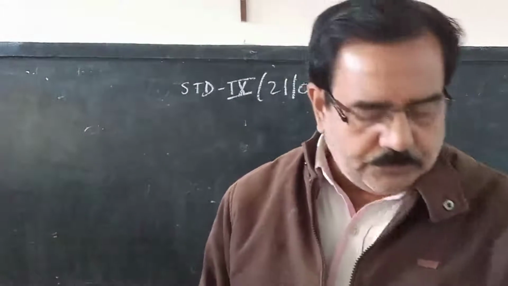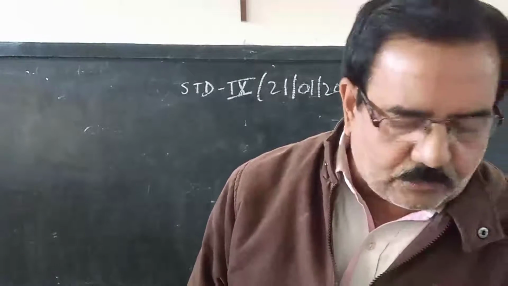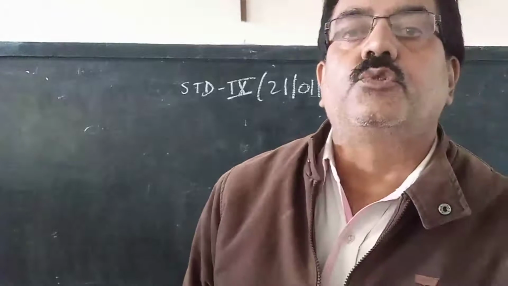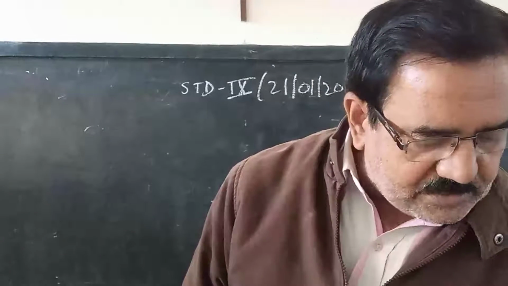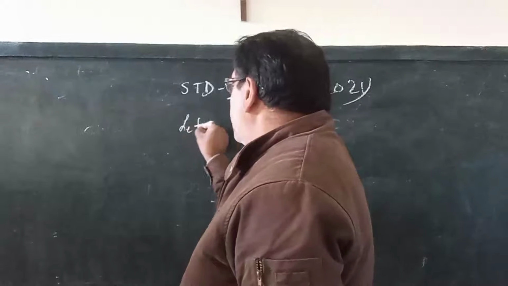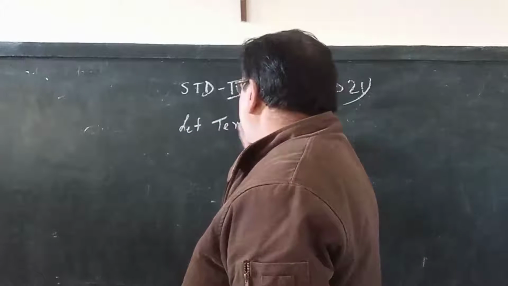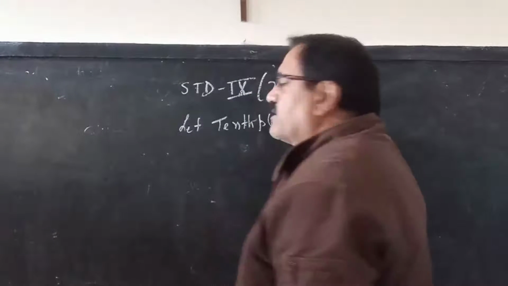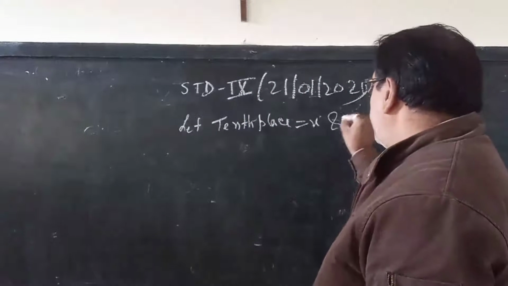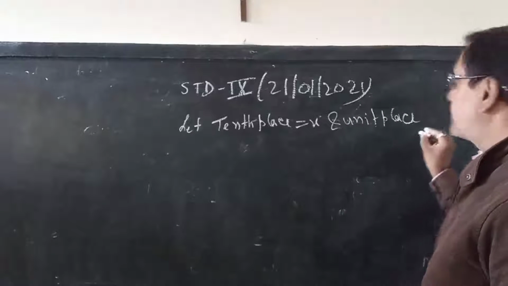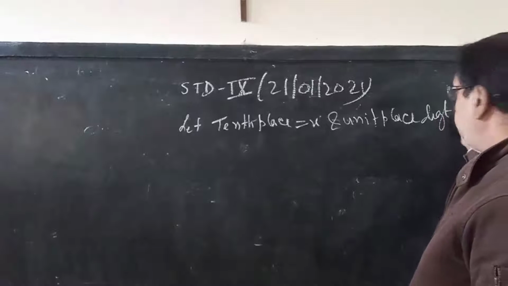Now the question related to the digit one. See question number 20, question number 30. In a two-digit number, the sum of the digits is 7. Let the tens place digit be x and the unit place digit be y.